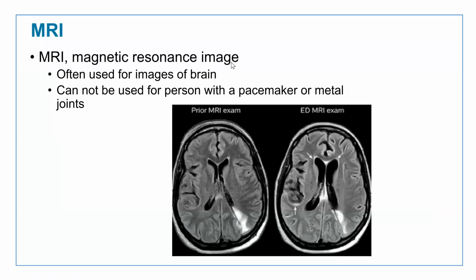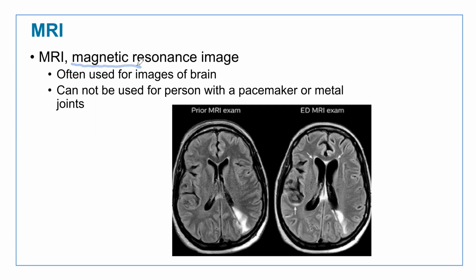MRI is magnetic resonance imaging. Very often it's used for images of the brain, and it has some limitations. For example, it cannot be used for a person with a pacemaker or metal joints, because MRI, as you can see from the name, uses a magnetic field.